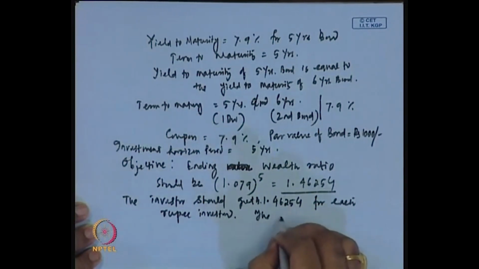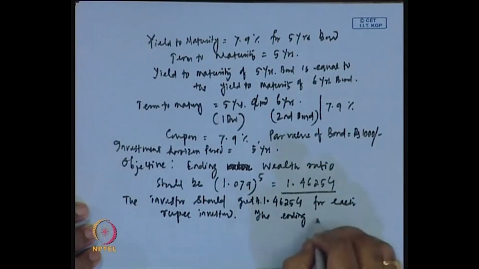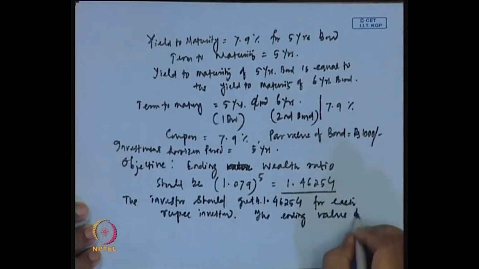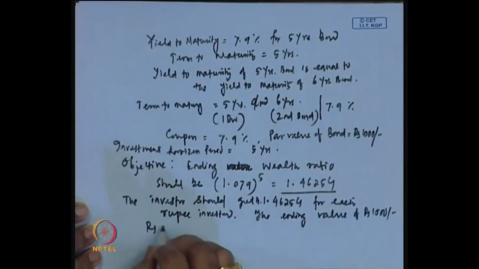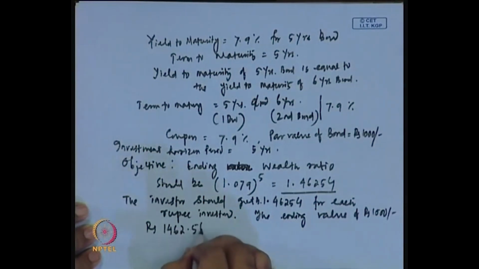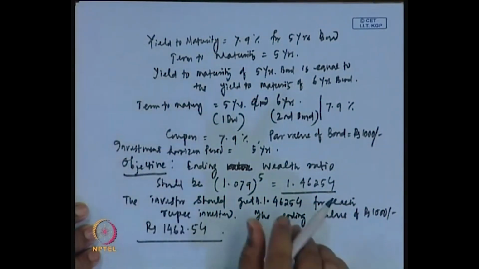Therefore, the ending value of 1000 rupees should be 1462.54. This is basically the objective of the investor.